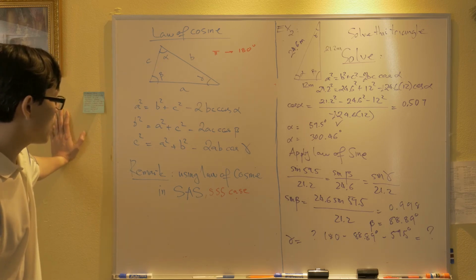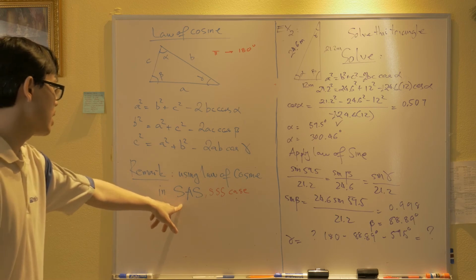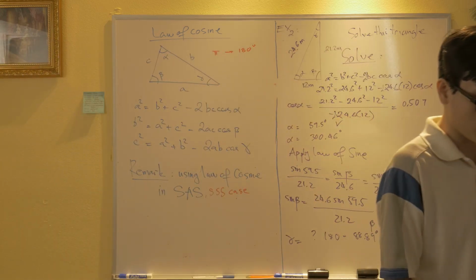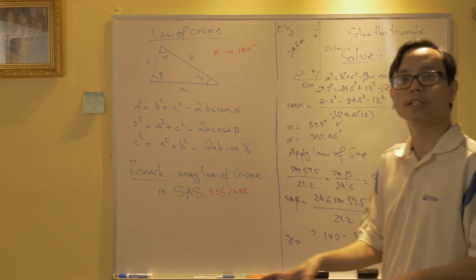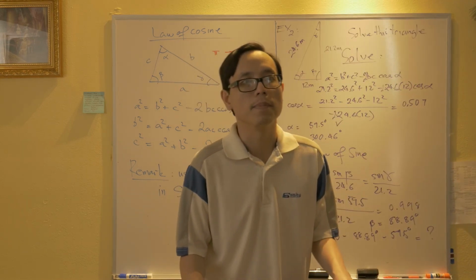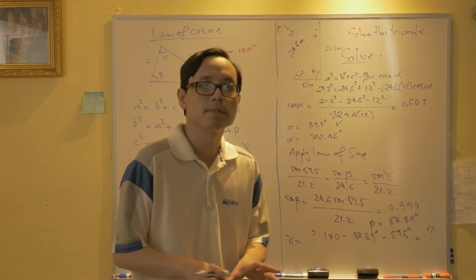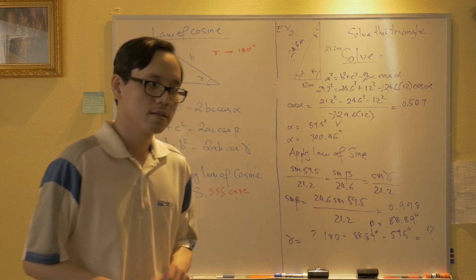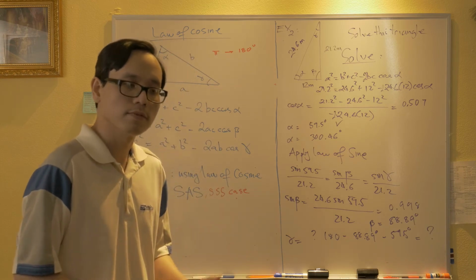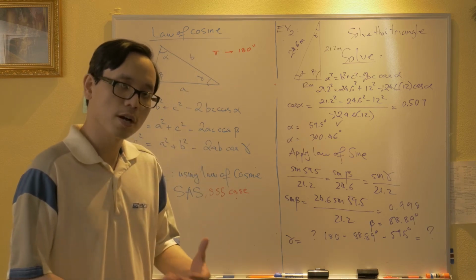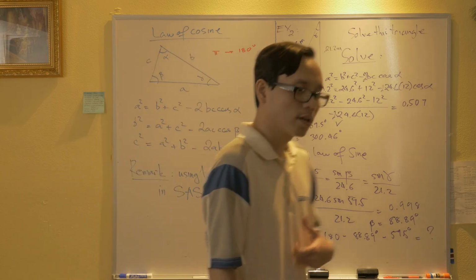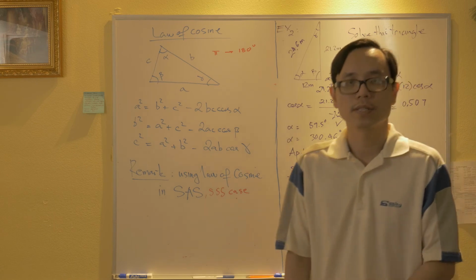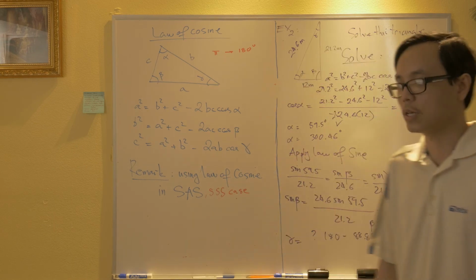So again, the law of cosine you can apply for the SAS and SSS cases. When you solve a triangle, you have to be flexible. Sometimes you can apply law of sine first, sometimes you have to apply law of cosine first. So try to see what information they give you so that you can make your own decision on what law you should be using.